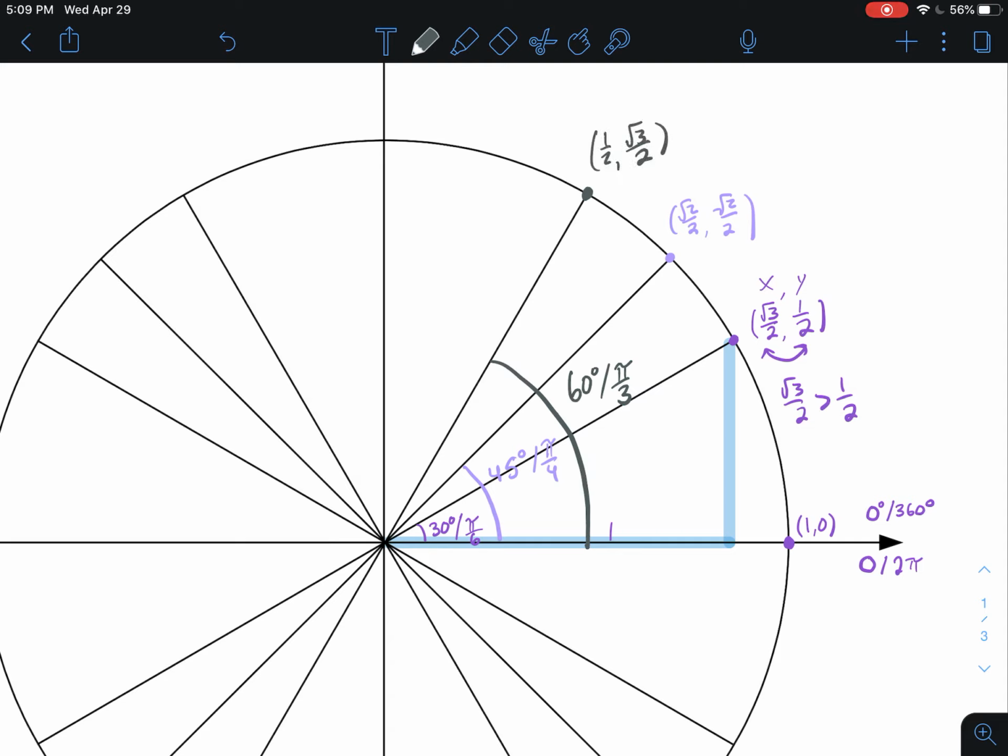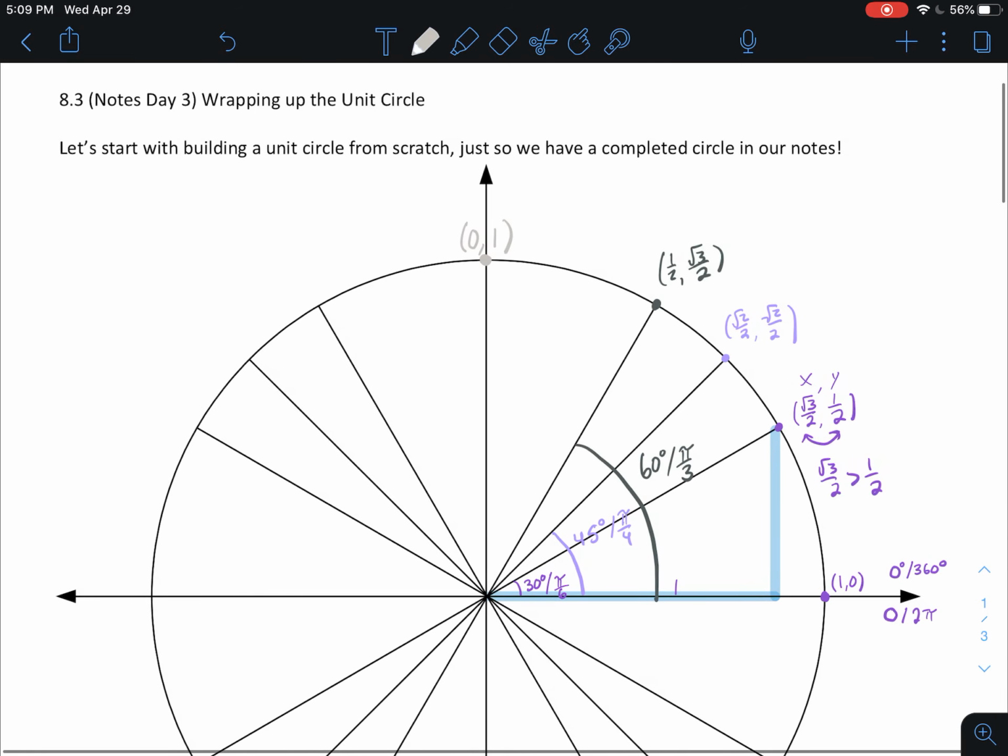All right, if we were to go straight up and down, remembering that the radius is 1, we moved 0 in the x direction and we moved 1 in the y direction. The angle measures that go up here are 90 degrees and pi over 2 radians.